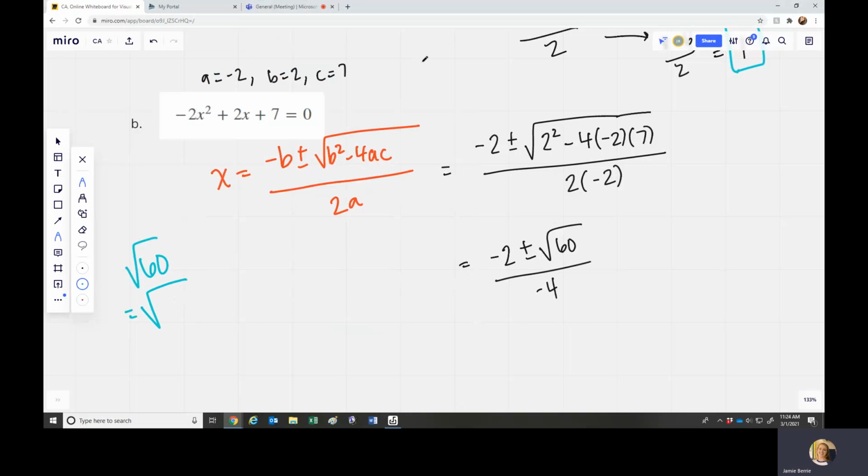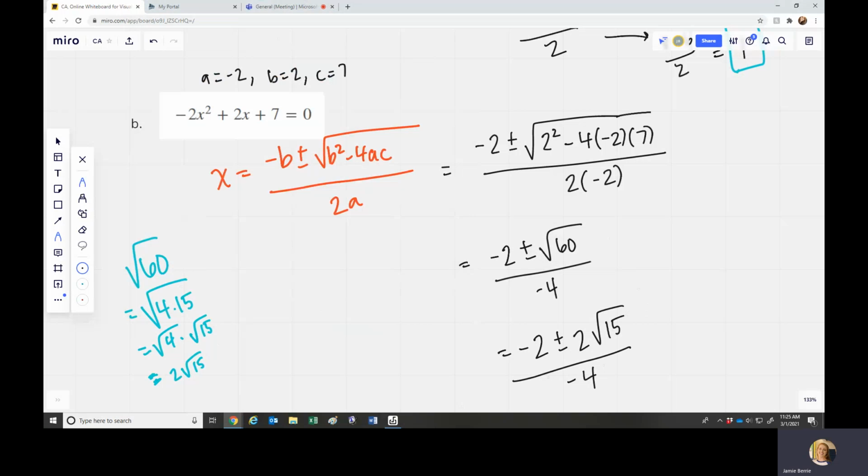Go ahead and write your perfect square factor first. 4 times 15. So that simplifies. You could break it up into the square root of 4 times the square root of 15. So that would be 2 on the square root of 15. Go ahead and write that in. That's negative 2 plus or minus 2 on the square root of 15, all over negative 4.